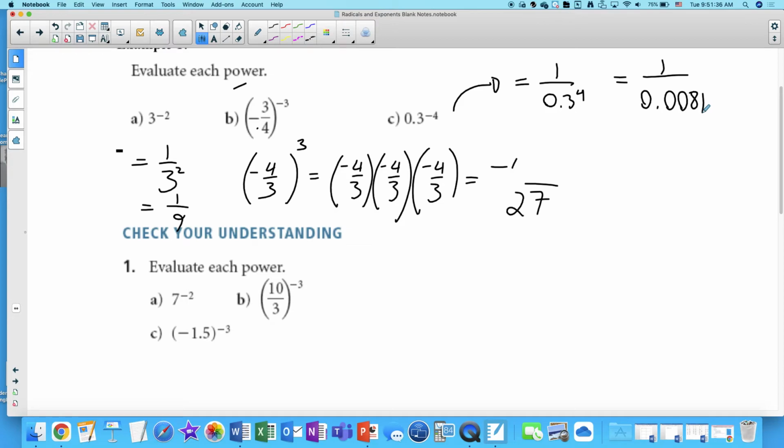It has the same value, but the second one is better math grammar. So you could start from here and deal with it that way, or you can use your suggestion. I was just wondering, instead of using a decimal, could you just do 3 over 10? Yes, and convert the base to a fraction first.